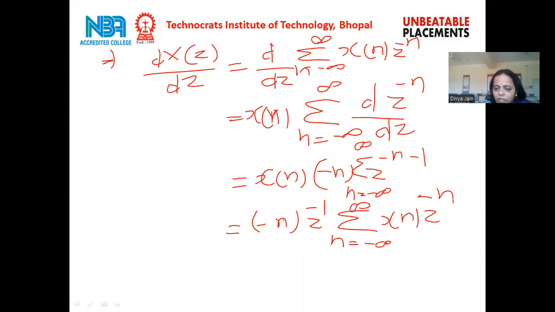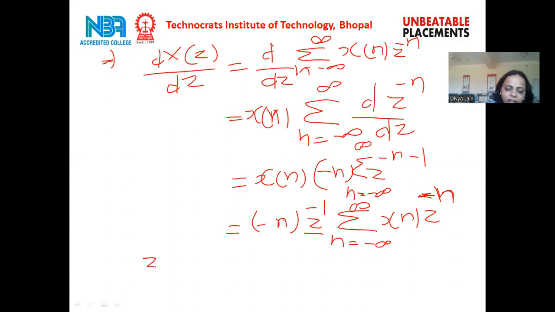Here we have done the shuffling of terms, nothing else. So now we can shift this z inverse into the left hand side.